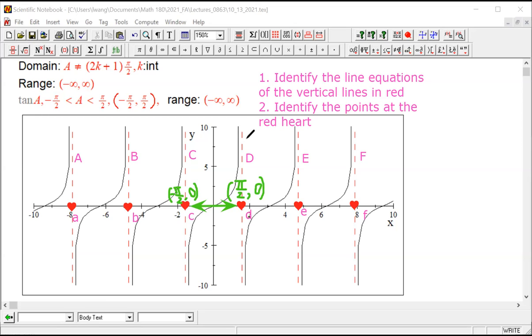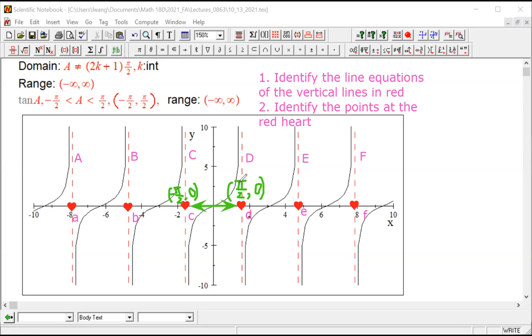But now the question is, I was asking you to identify the line equation of this red, for example. You have 1, 2, 3, 4, 5, 6 to identify. You can see they have similarities. So let's first identify the line D. What is line D?